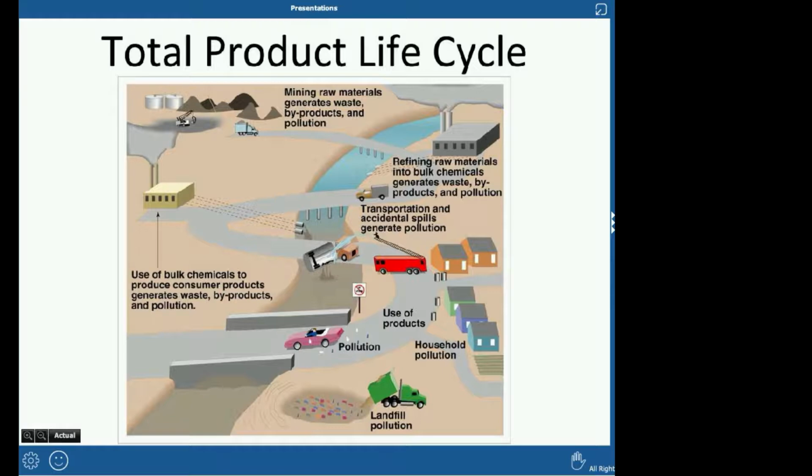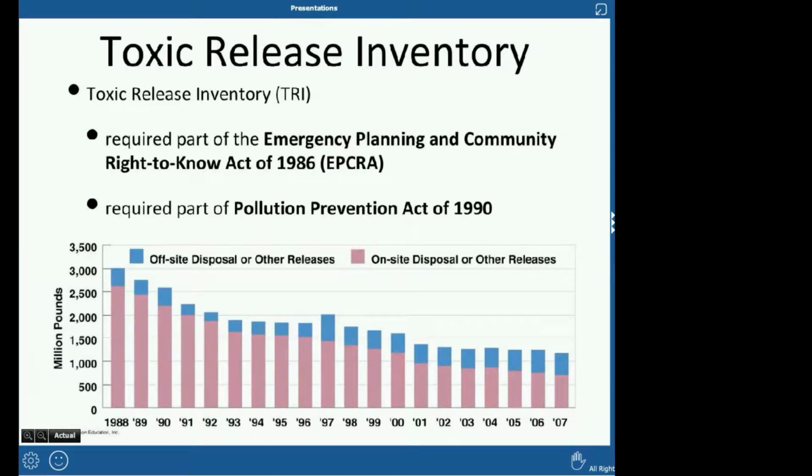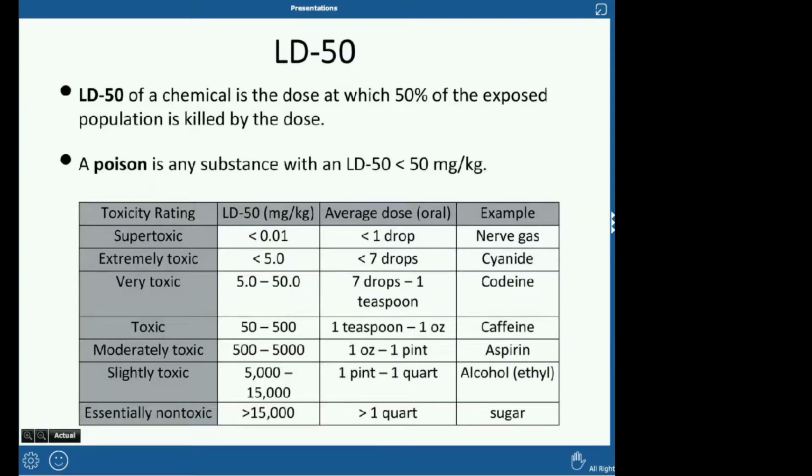If it's not released into the air, if it's a liquid chemical, usually you have to dispose of it in a specific way, and they now make you write these things down. That's what this toxic release inventory is talking about.